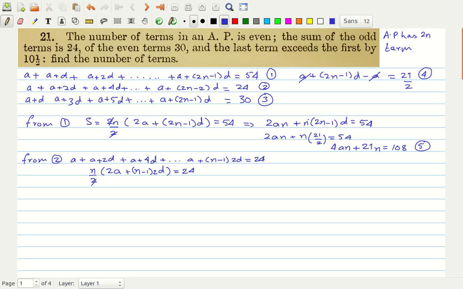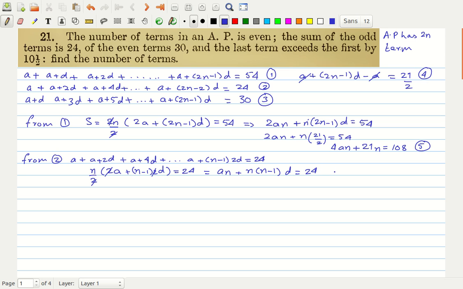So we can see that this cancels out and you get a times n plus n times (n minus 1) d is equal to 24, right?